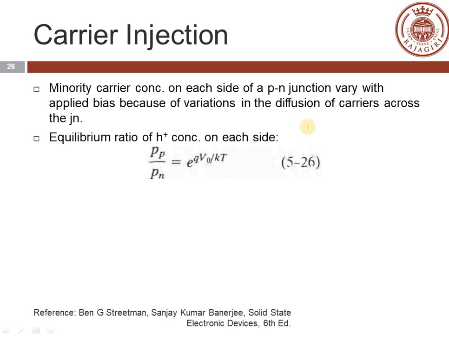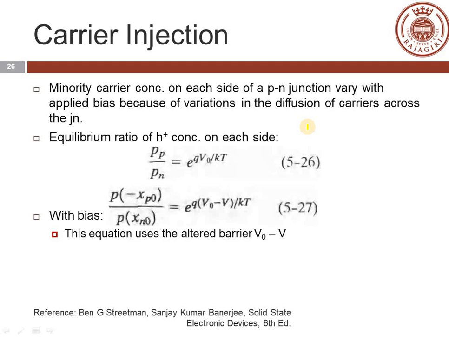Now, the equilibrium ratio of hole concentration on each side is given as Pp by Pn equal to e to the power Qv0 by Kt. We have derived it earlier. When you apply bias, the borders of the transition region will vary.